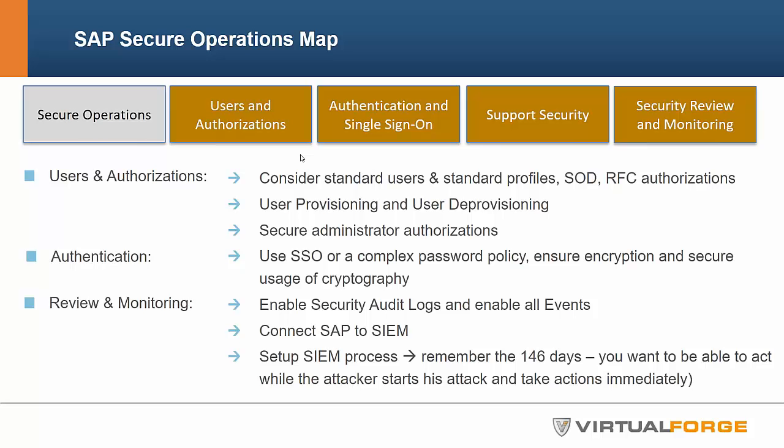Also, as a reminder, remember those 146 days. One of the examples earlier presented by Patrick was a customer web portal that was compromised, and we were not able to really get the full picture on how the attack happened. Unfortunately, this was a system that hadn't been patched for 3 years, so out of the box there were multiple ways you could easily compromise the system. So from that perspective, it's really more a discussion once you run into that situation.